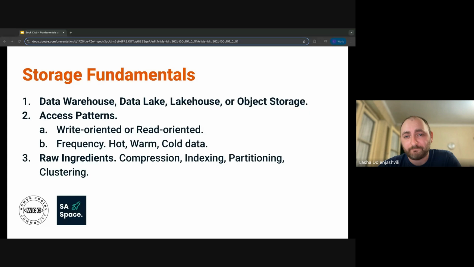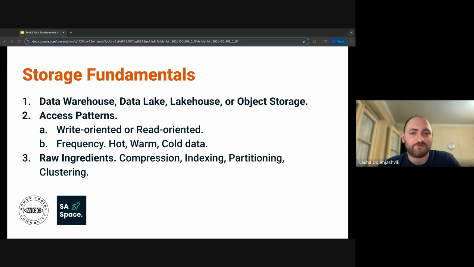Then we have the concept of temperature of data, and it is related to data access patterns. We can have hot data, warm data, and cold data. So hot data is accessed frequently and should live on the fastest and probably the most expensive storage, like SSD or in-memory cache. Warm data is somewhere in the middle.